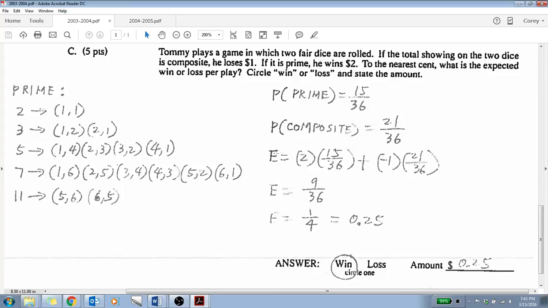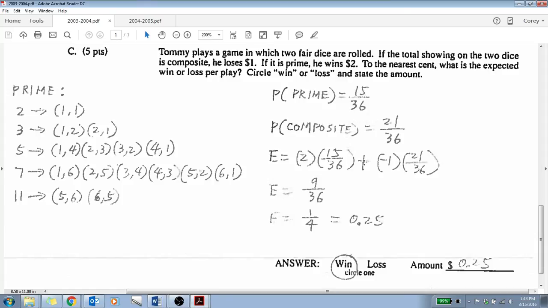We have what's called an expected value when we work with probability. To find it, we take the probabilities we found and multiply each by whatever we receive for that outcome. For the prime numbers, with probability 15 over 36, he wins $2, so that amount times the probability is the expected value for prime.